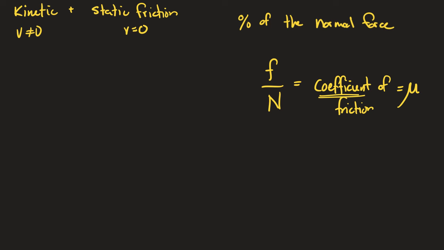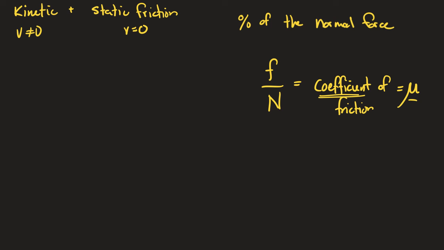But what you must understand is that it's a percentage. It's how much friction do I get for my normal force. What's critical here is that if you need to increase friction, you can do so by increasing the normal force. You can press surfaces more closely together to ramp up the normal force.